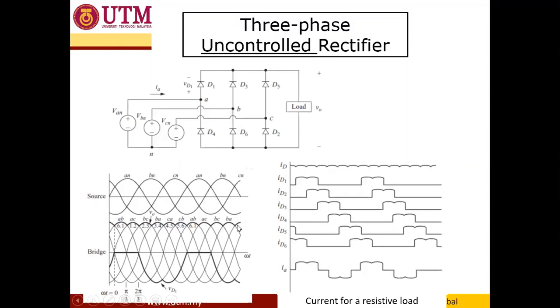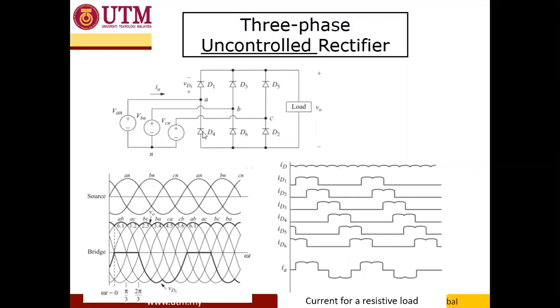That's why for rectifiers, most of the AC to DC conversion is done in a three-phase system instead of a single-phase system, because the output is already considered a DC current and DC voltage without any filtering.